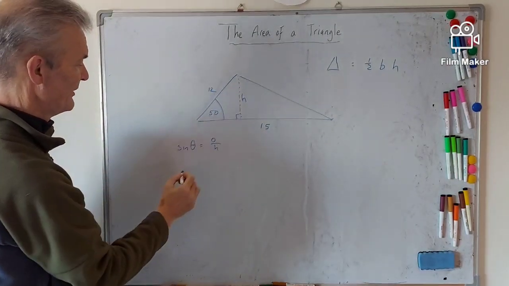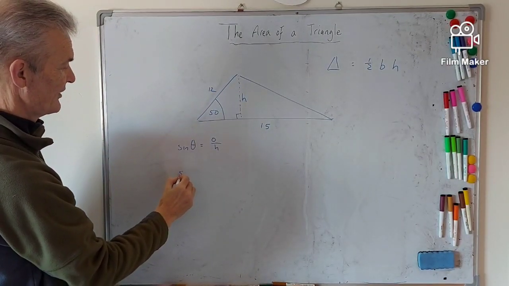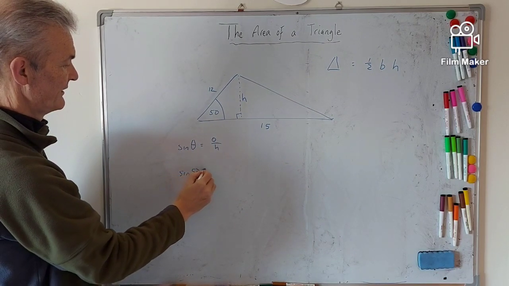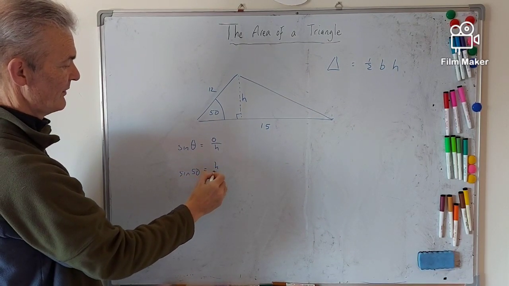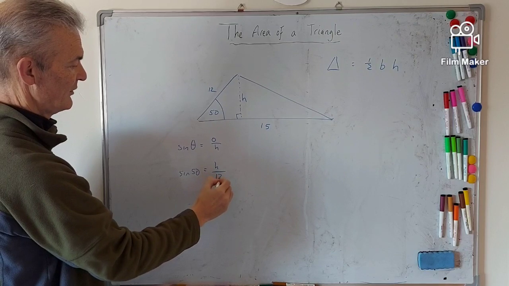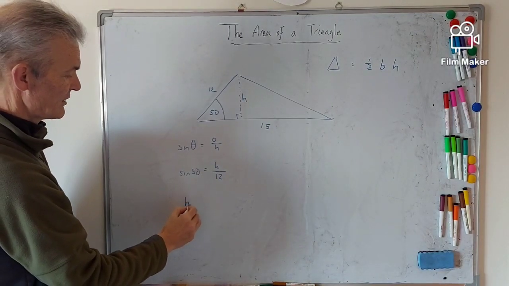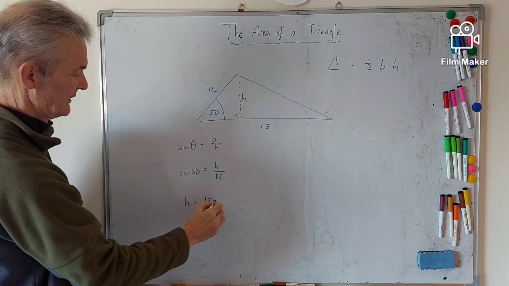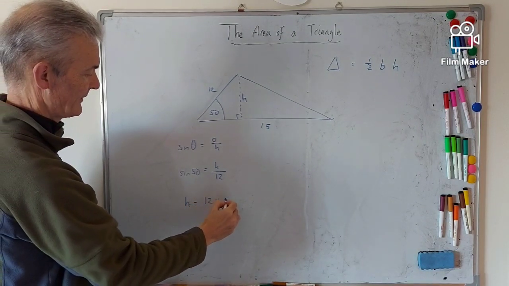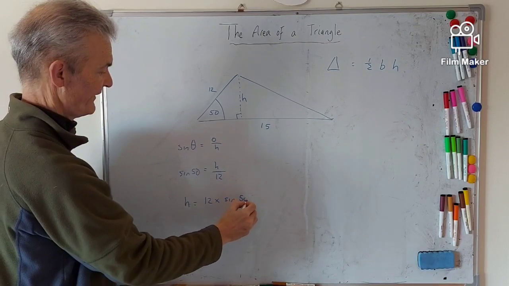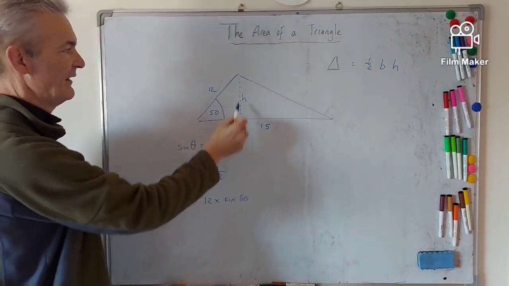So here, let's put in what I've got. I've got sine 50 equals H, what we're after, over hypotenuse, which is 12. So if I just rearrange that, I'm going to get H equals 12 times sine 50. Okay, that will give me the height.